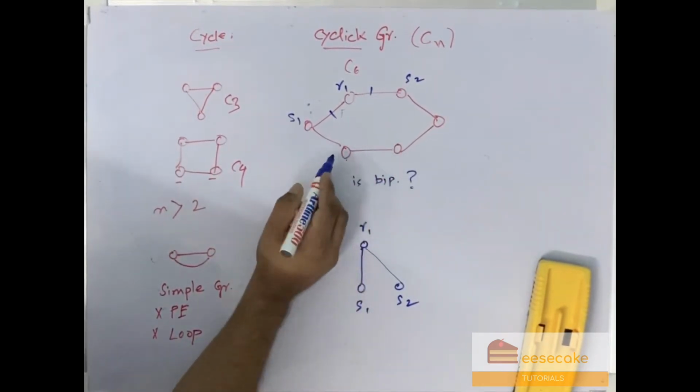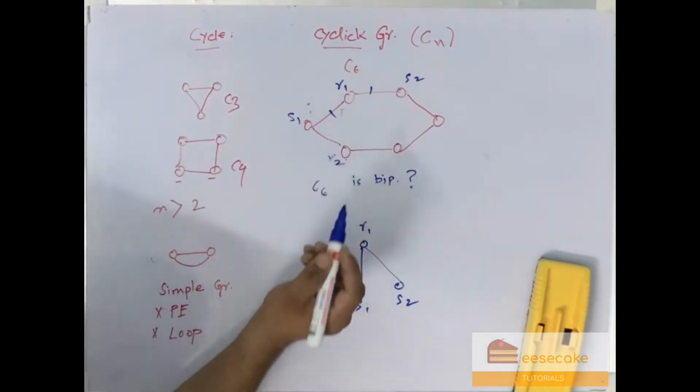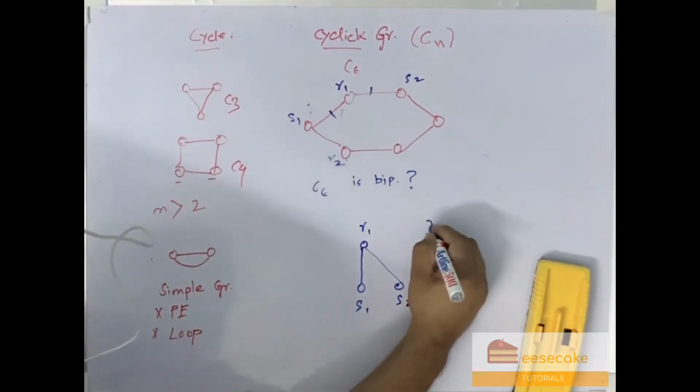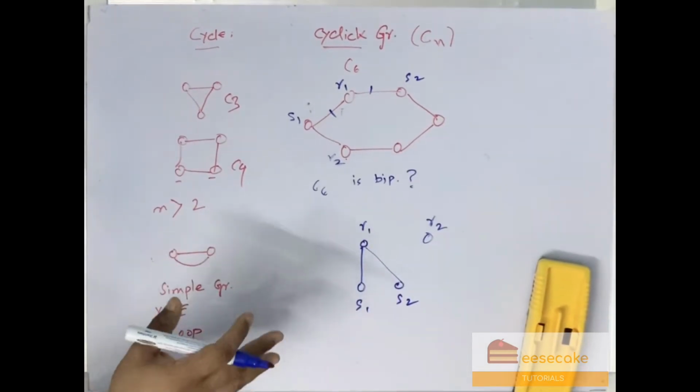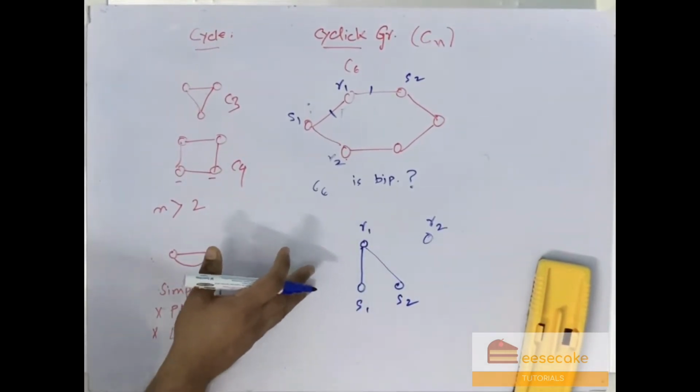Now this is connected to S, so it has to be R2. This is what I am doing. If you don't understand, you have to watch my earlier video.